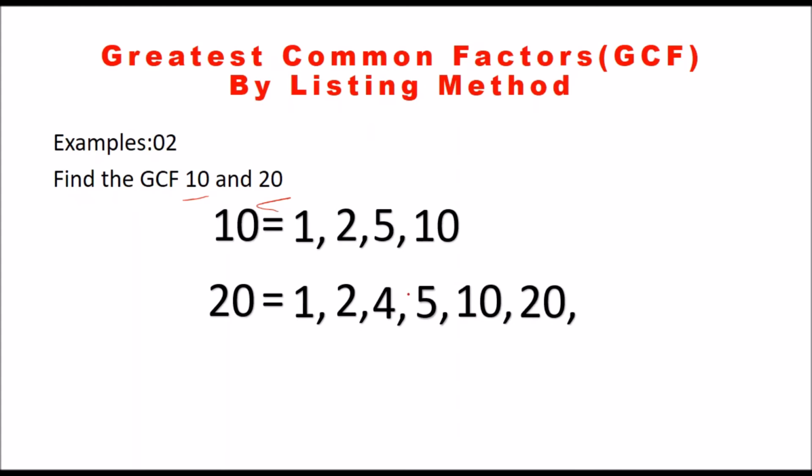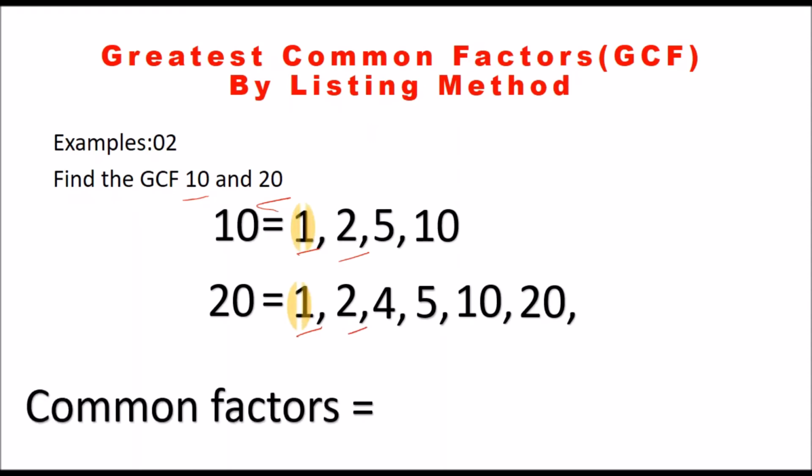After that, you have to look for the common numbers which appeared in both numbers. For example, we have 1 here, so we say that we have the common factors here: 1, 2, 5, and 10.